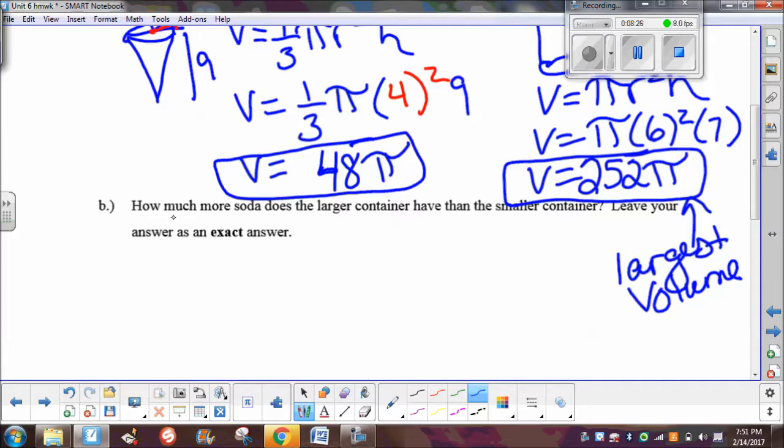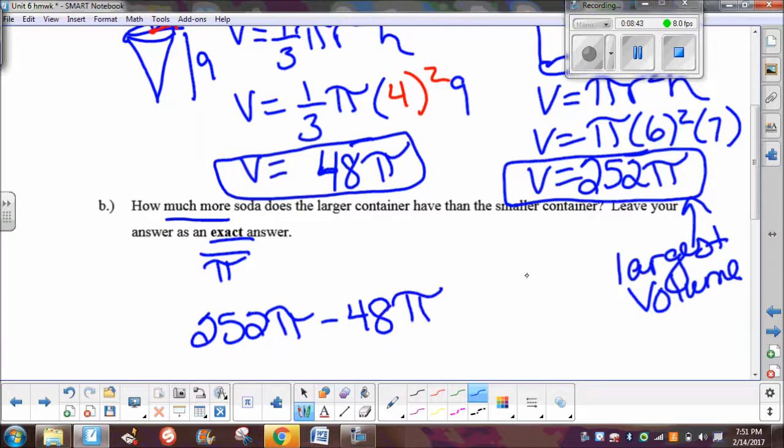And then it says, how much more soda does the larger container have than the smaller container? Leave your answer as an exact, again, in terms of pi. So we've got to say big minus the smaller one. These are like terms.